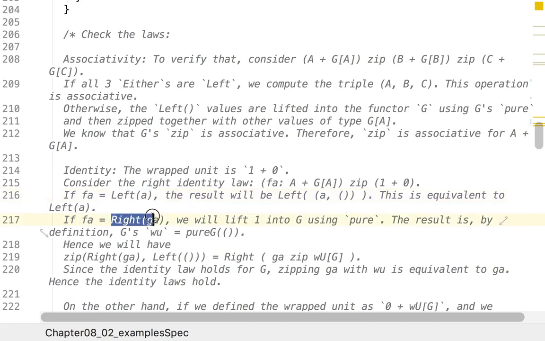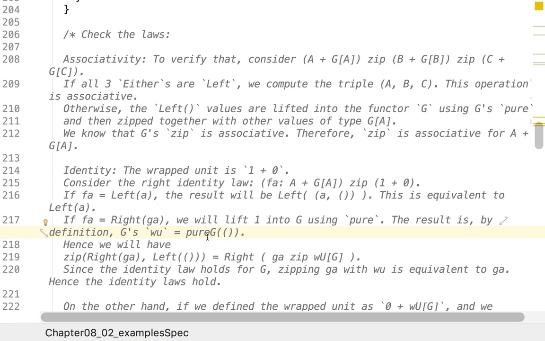If FA is on the right, we need to lift this into the right and then zip with FA. When we lift unit into G using pure, the result is the wrapped unit, which is pure of unit. That's the definition of what the wrapped unit is, in relation to the pure method.